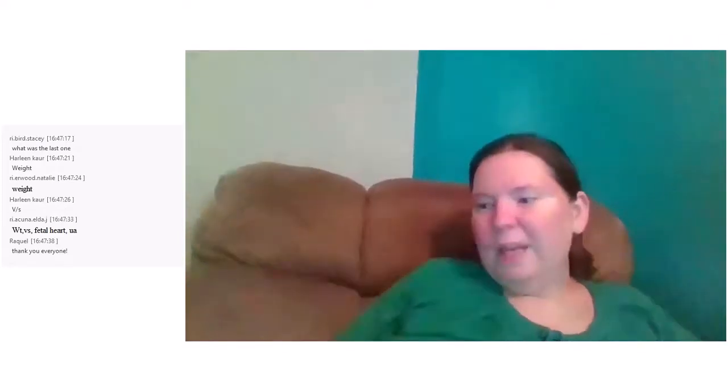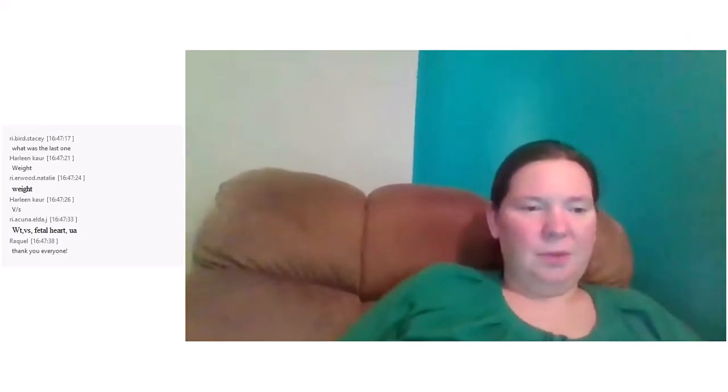So the next question, possible side effects related to substance use. There's cocaine, tobacco, alcohol, and opioids that were listed on the sheet. So those are kind of the big ones we focus on.